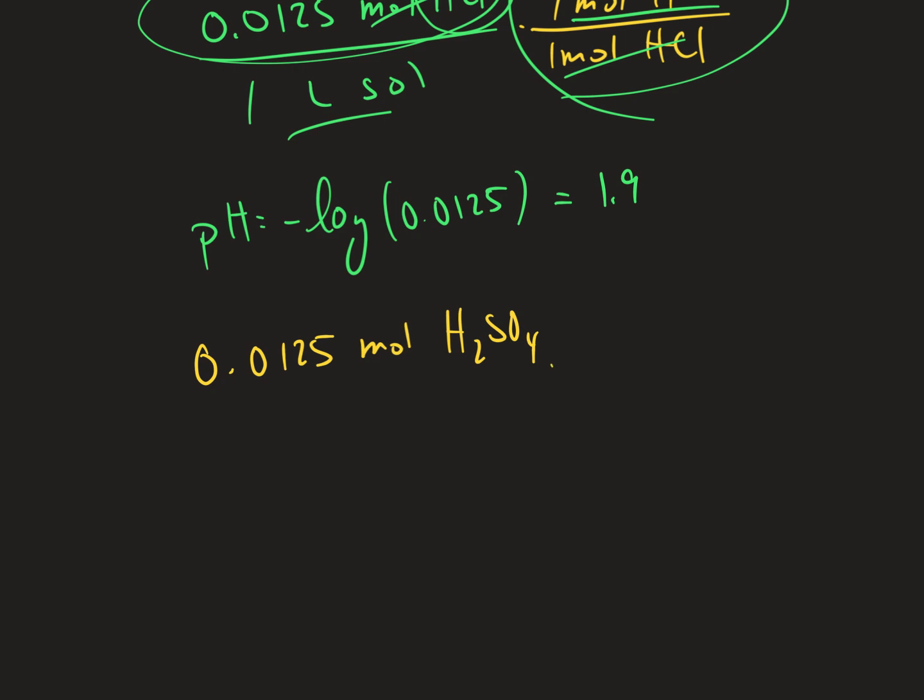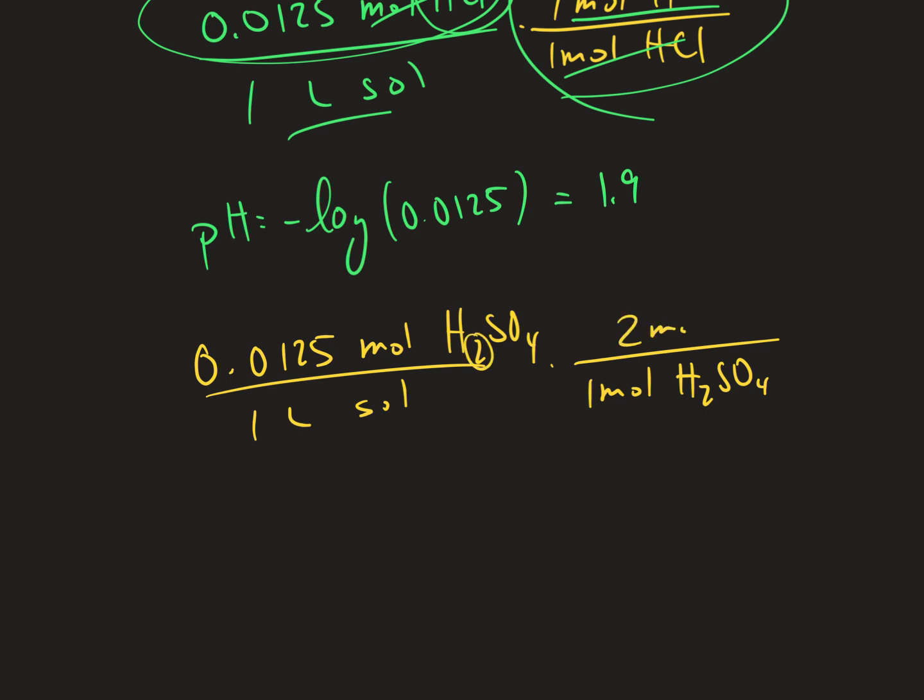No. So it's for every 1 mole of H2SO4, sorry, I should say moles per liter, right? 1 mole of H2SO4, how many moles of H plus? 2, right? So we multiply that by 2 and get 0.025 is our concentration of H plus.